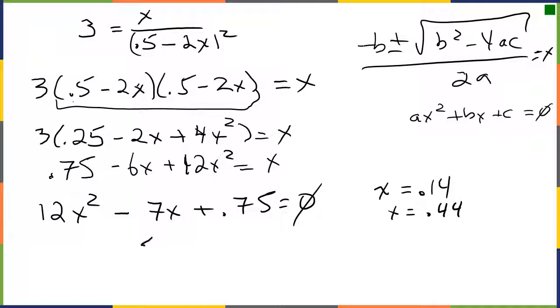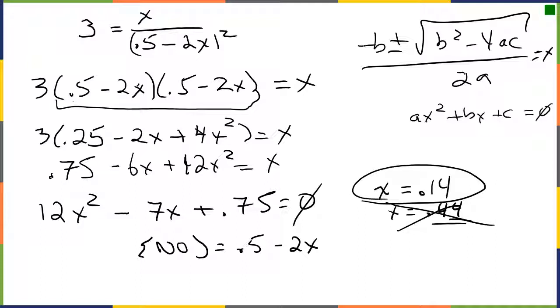Well, note that the concentration here of the NO is going to equal 0.5 minus 2x. If I use the value of 0.44, I'm going to lose more than I started with to begin with, which means that that value will not work, and we're going to cross it off.